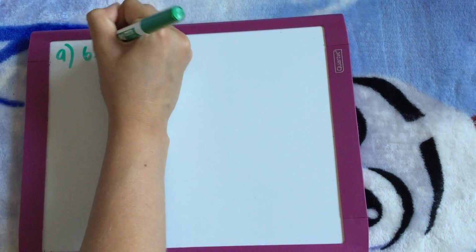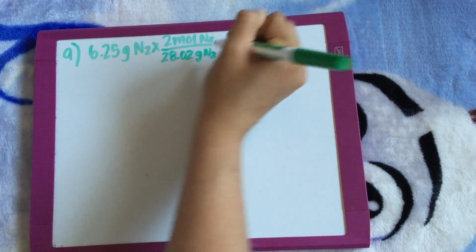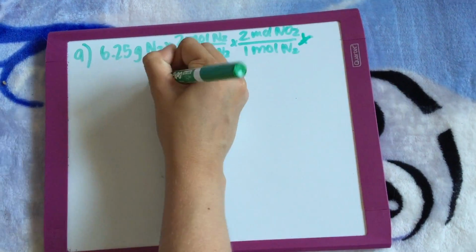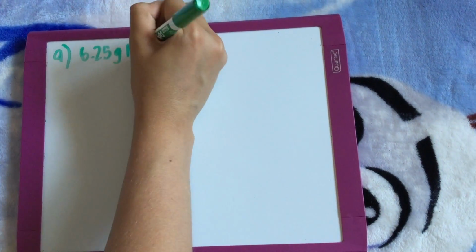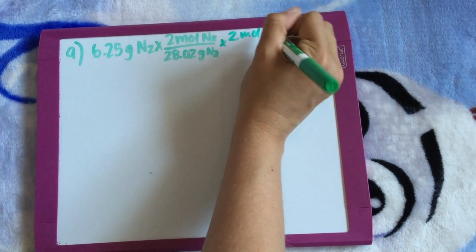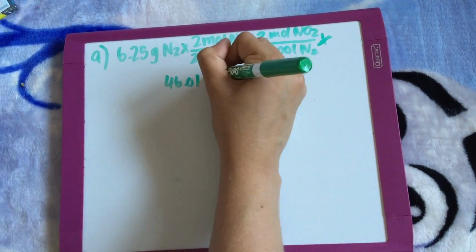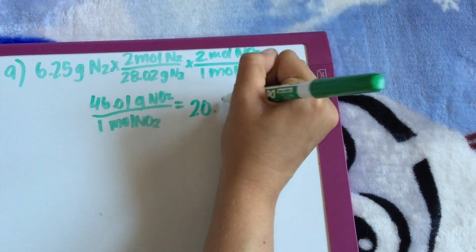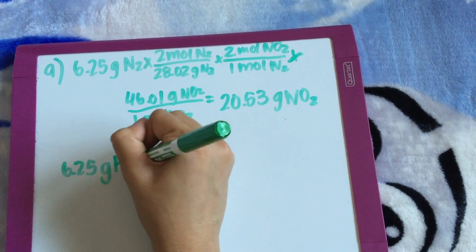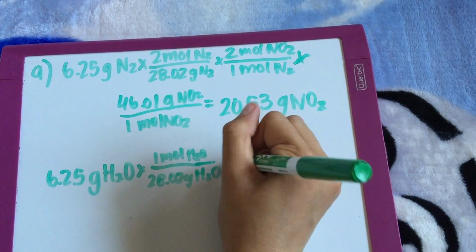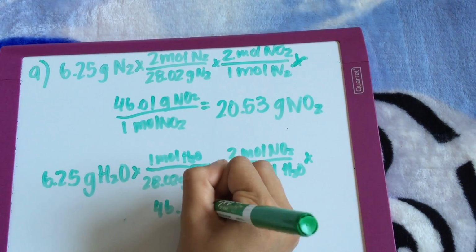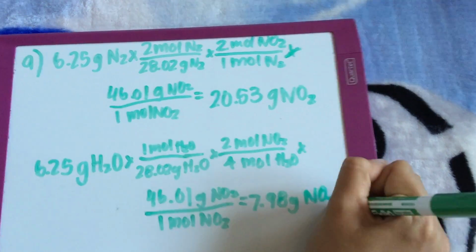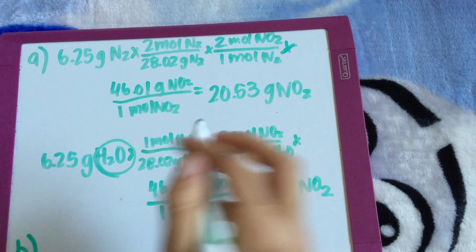For A, you would carry out the same process as in example 3A to find the grams of NO2 produced from each reactant. Since N2 produces 20.53 grams of NO2 and H2O produces 7.98 grams of NO2, H2O is your limiting reagent.